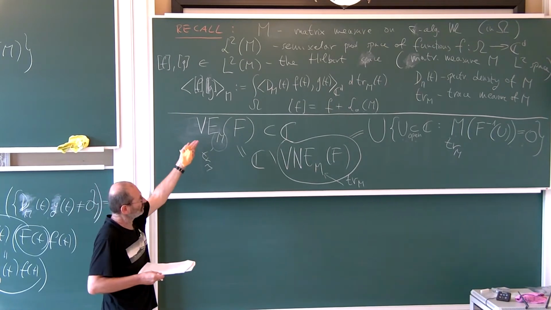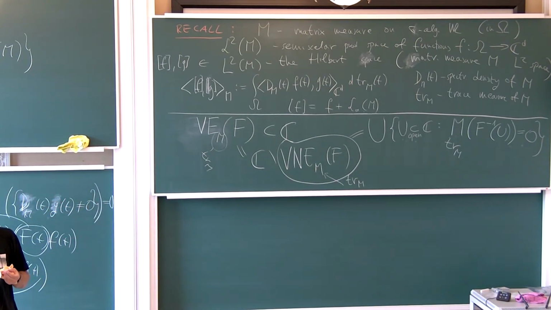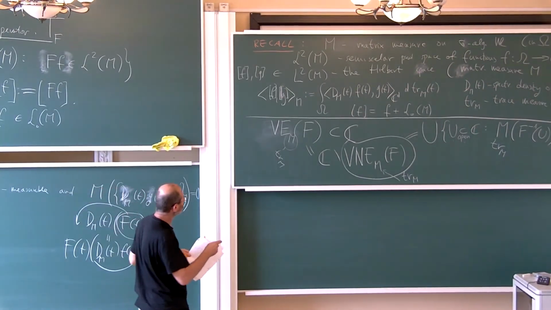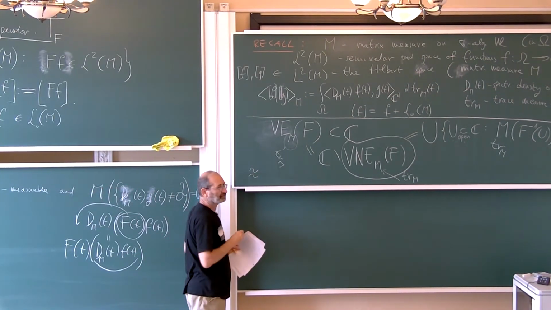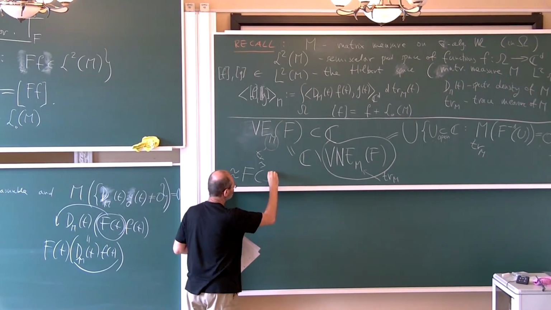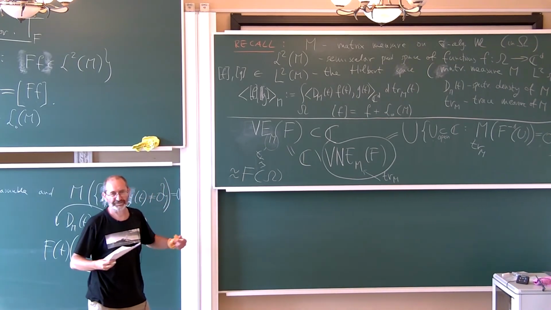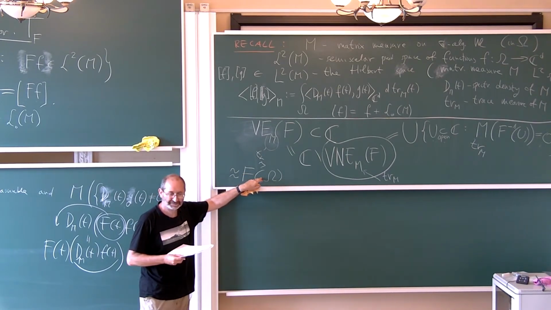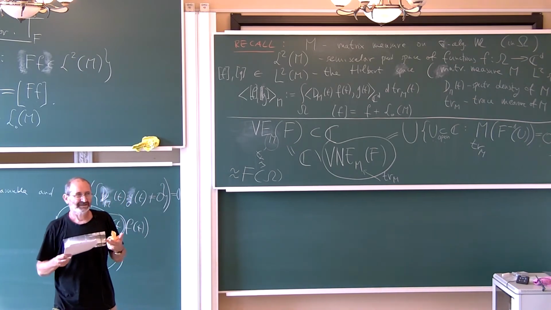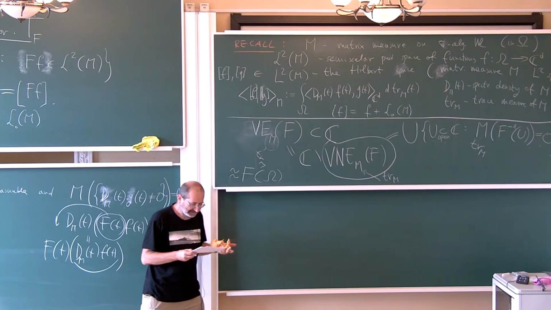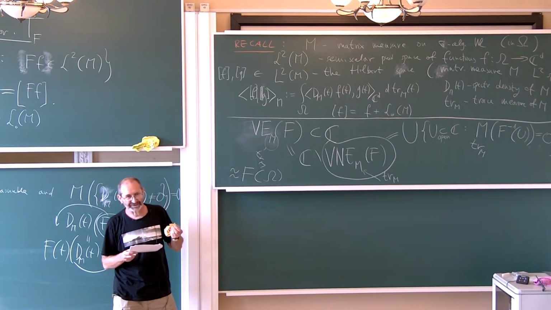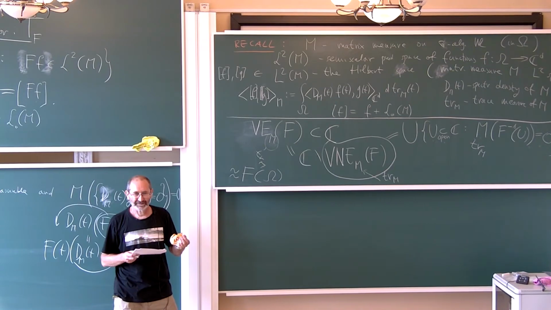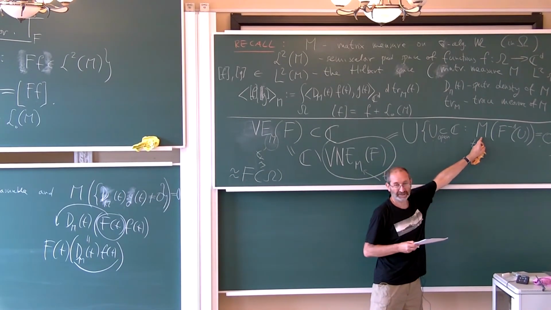How to think about this set? It is usually not far from the image of the function, but it is, we can say, the set of all the values of F which are in some sense important topologically for the matrix measure M, or this measure.